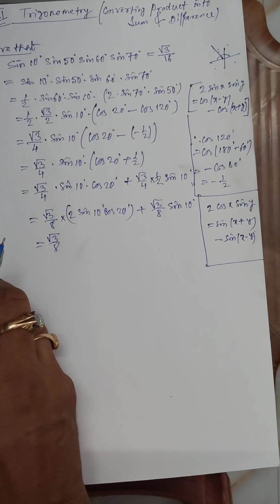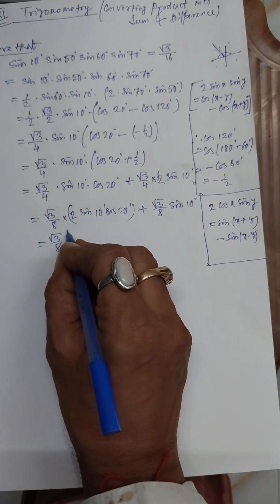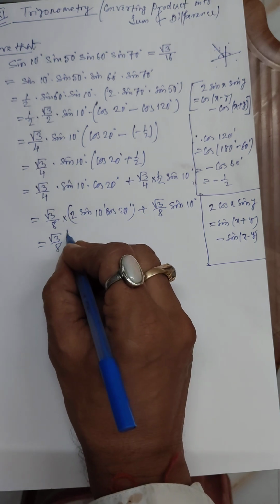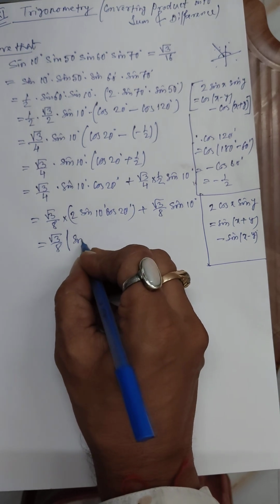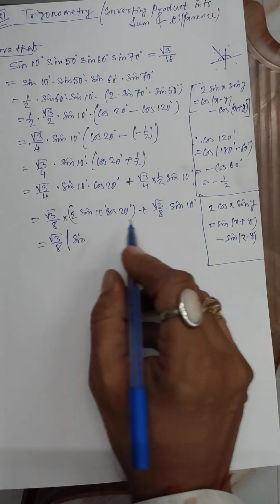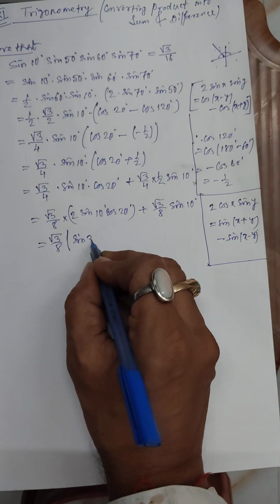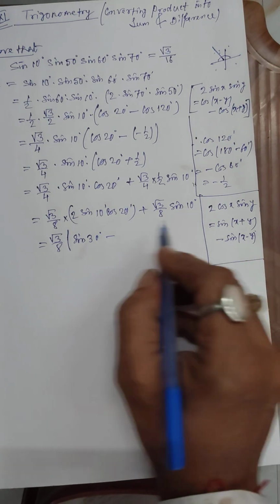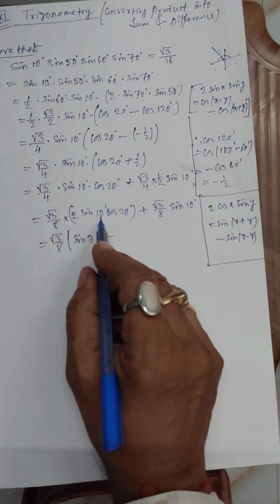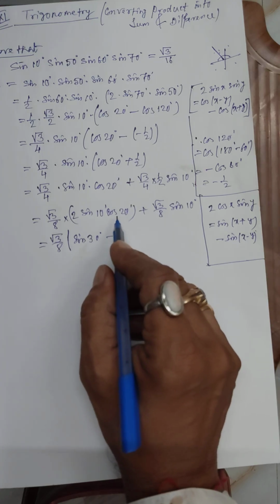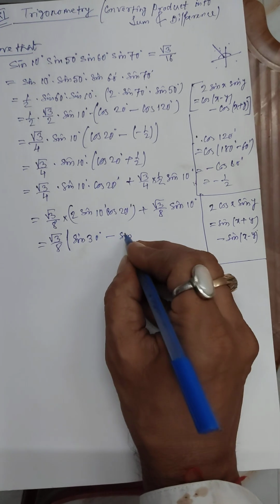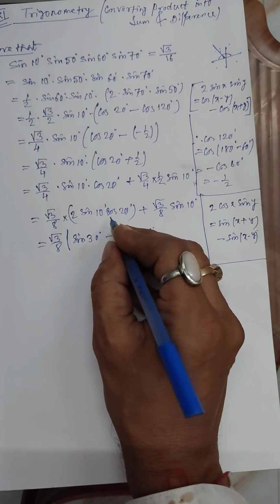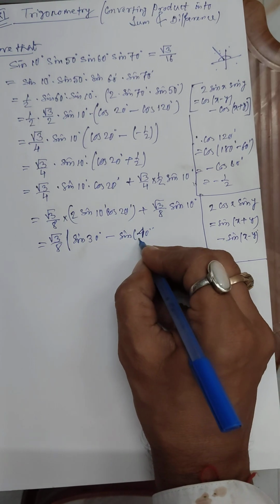Then we will get root 3 by 8 into sine x plus y, that is 10 plus 20, that is 30 degree, minus sine x minus y, that is 10 degree minus 20 degree, that is equal to sine minus 10 degree.